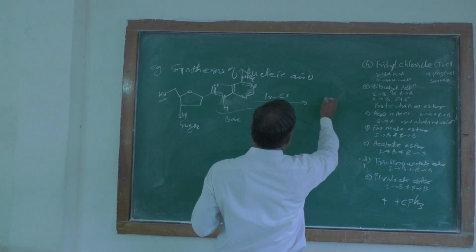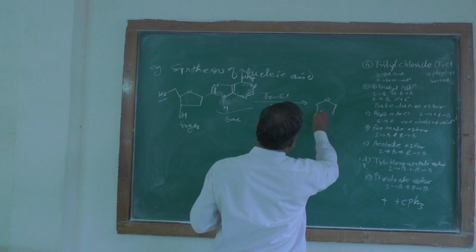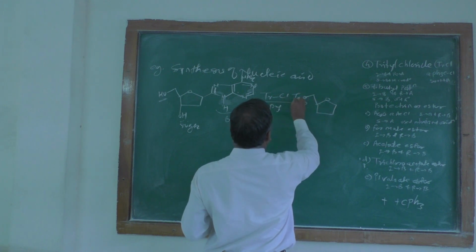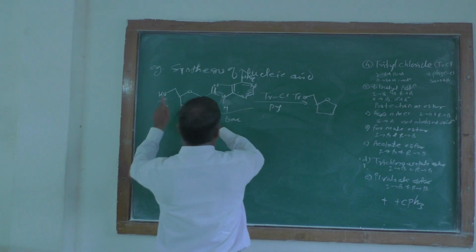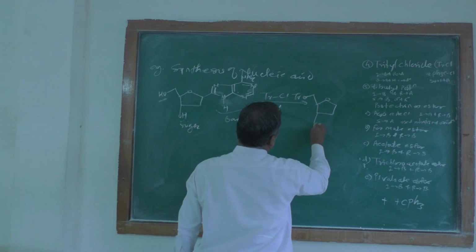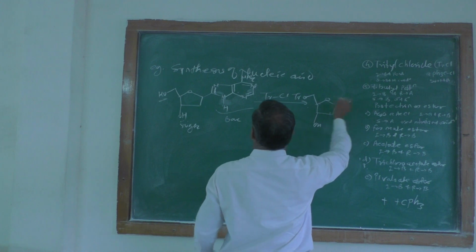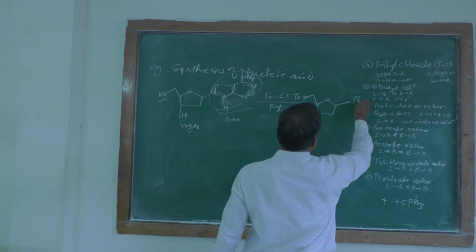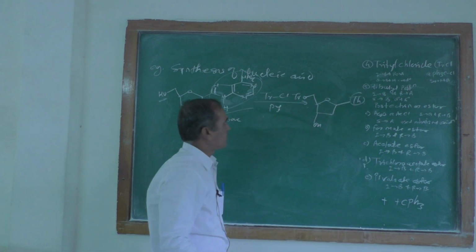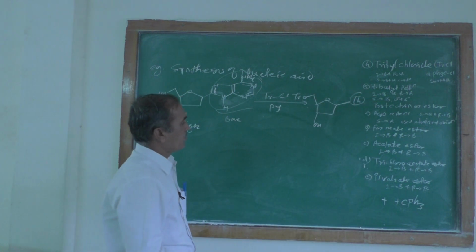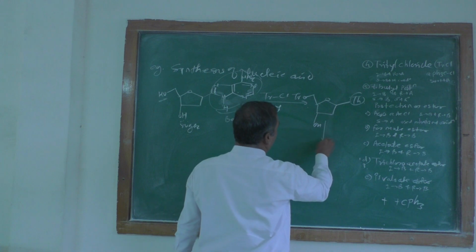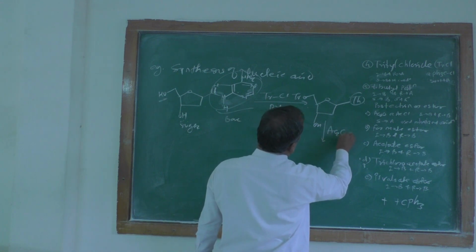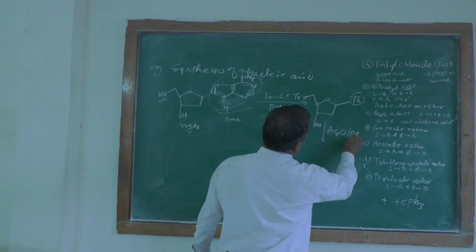So what do you get here? The product is this one, O then Tr. In short, we can write it like this, and here is an OH, and this in short I am writing as TH, that is, thymine is there. Now it is further treated with acetic anhydride in the presence of pyridine.